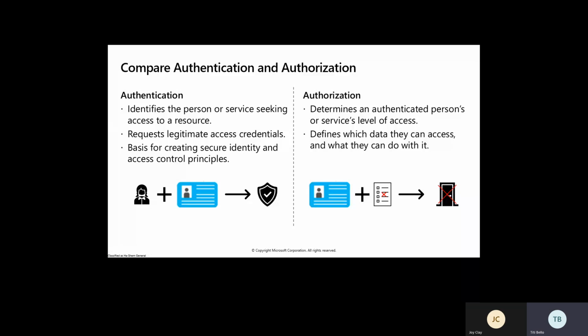That is authentication. Then, now that I have been able to prove my identity, the next step will be, so now with this identity that I've provided, what can I do and what can I not do with it?